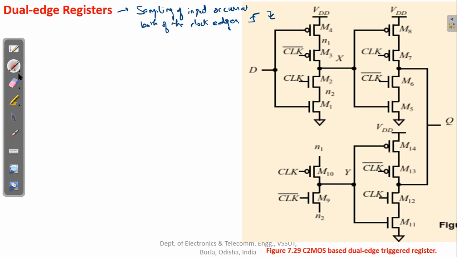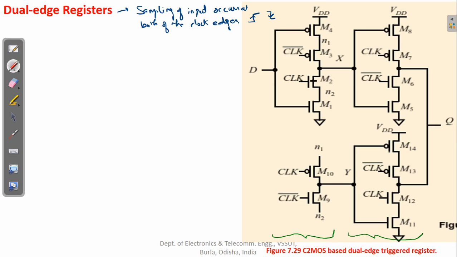So look at this circuit. This is the first stage, and this is the second stage.